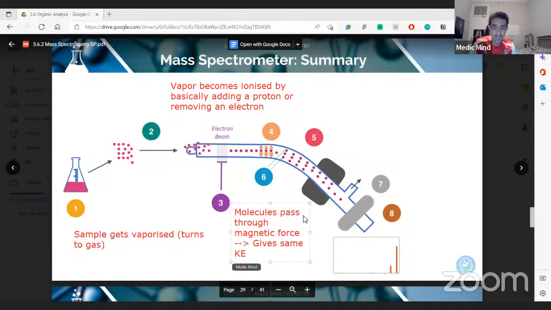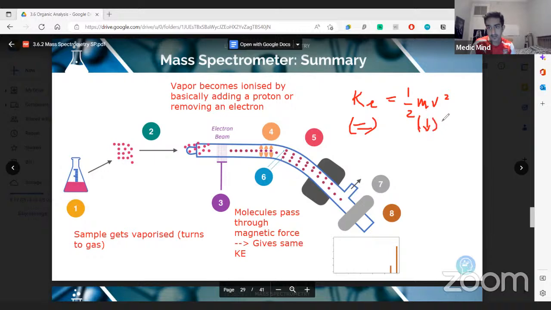And if you remember what I said about kinetic energy, kinetic energy is linked to a half mass times velocity squared. So if the kinetic energy is equal, but the mass is going to be different, the smaller the mass, the higher the velocity, which means that smaller molecules are going to pass through this time of flight mass spectrometer much quicker, which means they're going to get to the end of the mass spec faster, which means they're going to be detected faster.